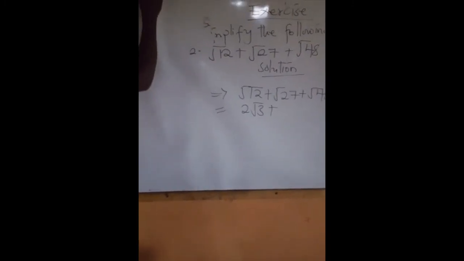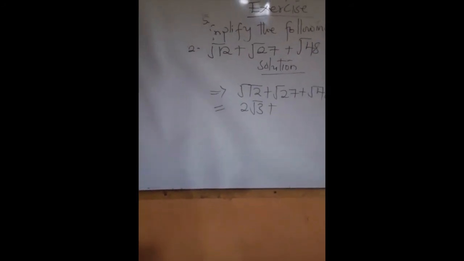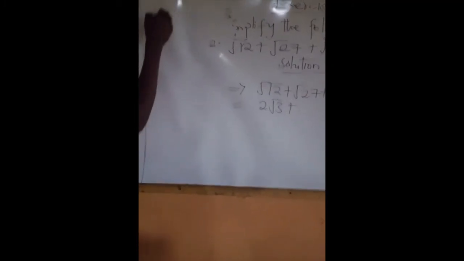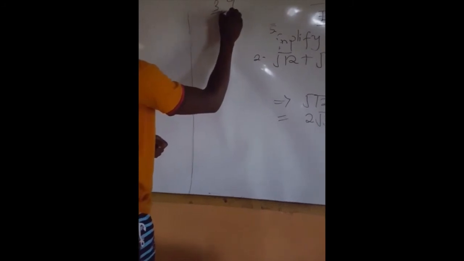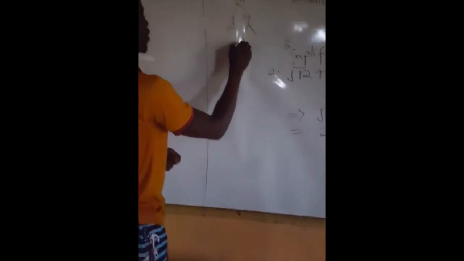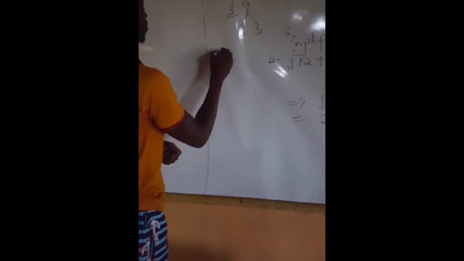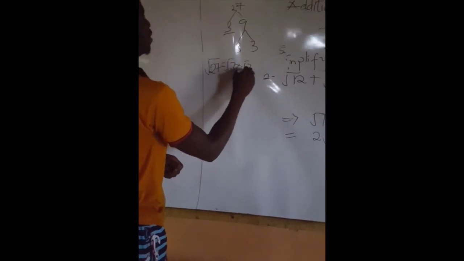So 27, let's divide by the prime numbers. So here 2 can't go into 27. So you start with 3. Now 3 can go into 27, 9 times. This is a prime number, this is not. So let's break it down. We are going to have 3 and 3. So it simply means root 27 can also be written as root 3 times root 3 times root 3.